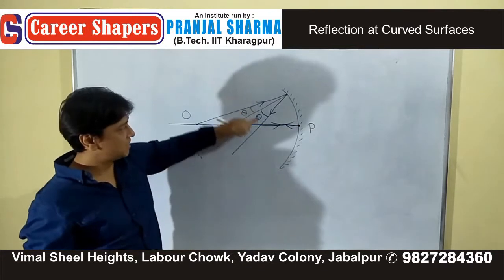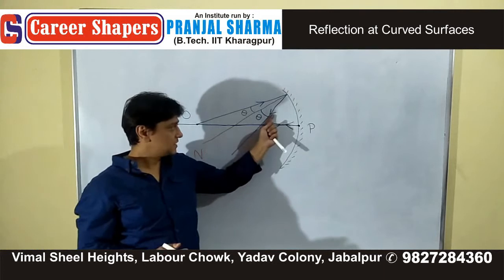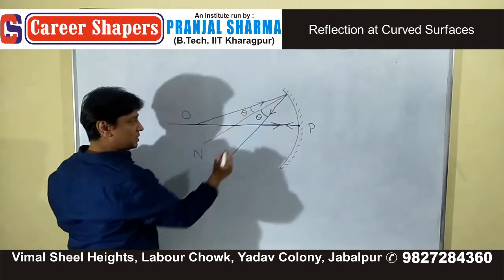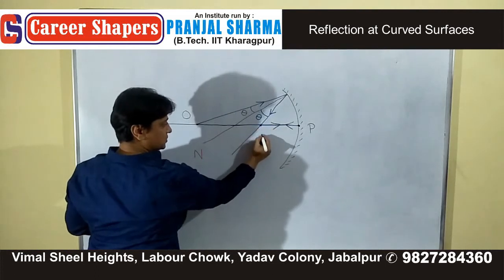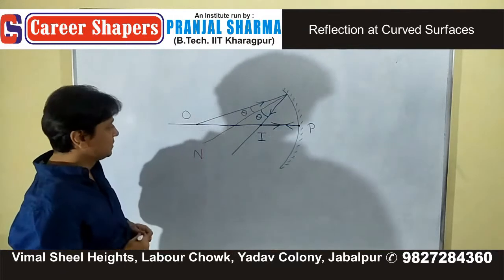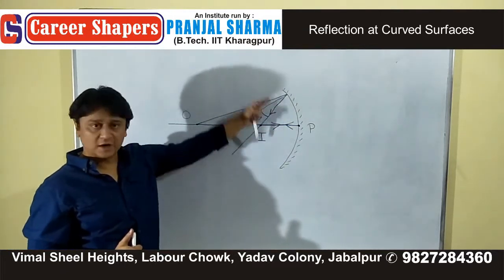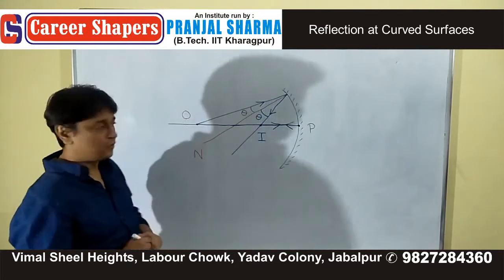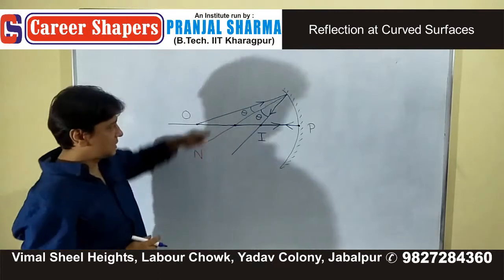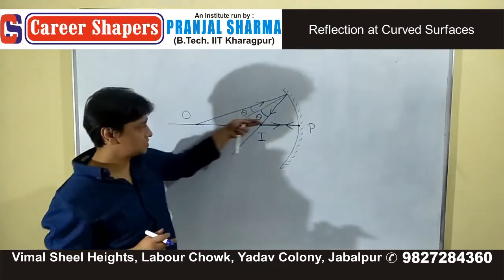Intersection of incident rays, it is giving you what? An object. Intersection of reflected rays is giving you what? Image. This is your image point I. And then this is the normal and this is your spherical surface, and therefore this point where this normal, and remember the principal axis is also what?